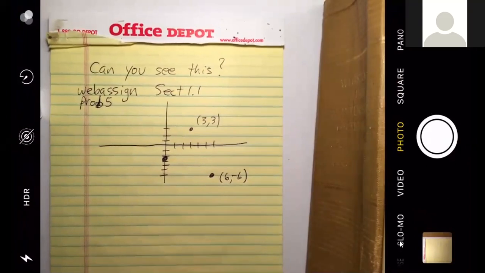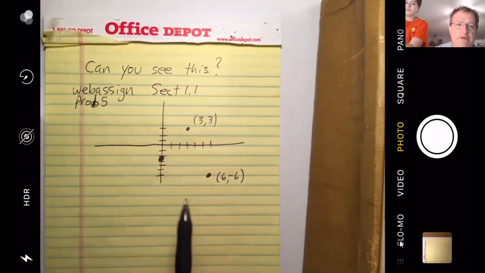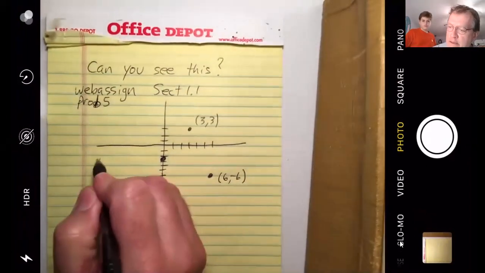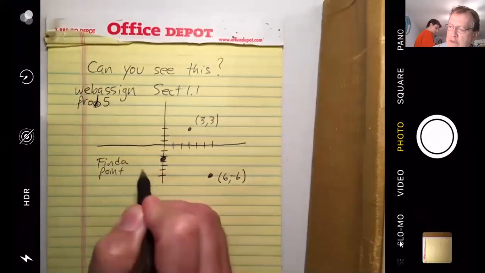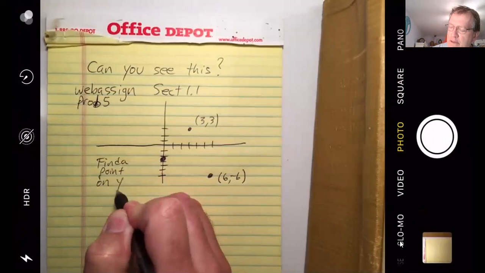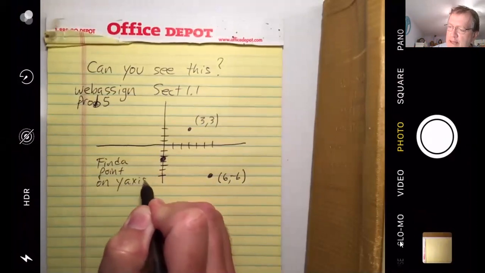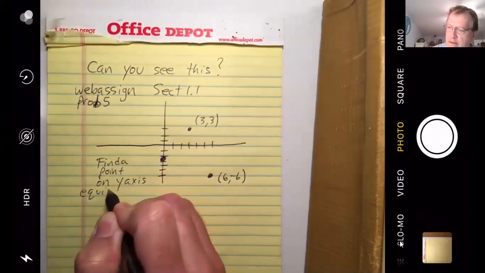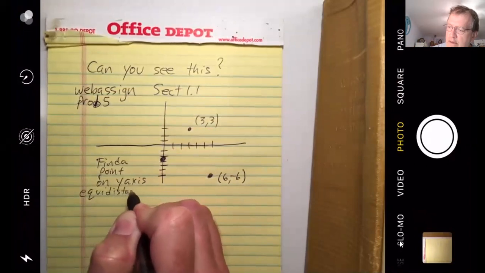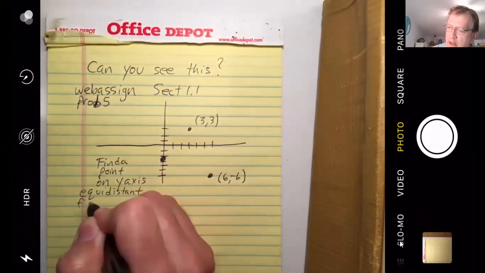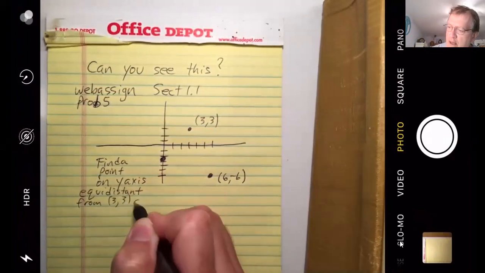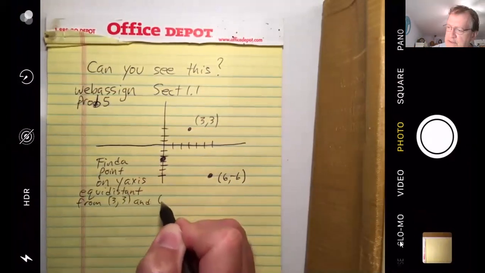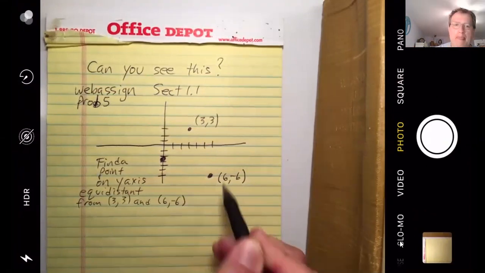Okay, so I've tried to label it. The problem was to find a point on the y-axis equidistant from 3, 3, and 6, -6.